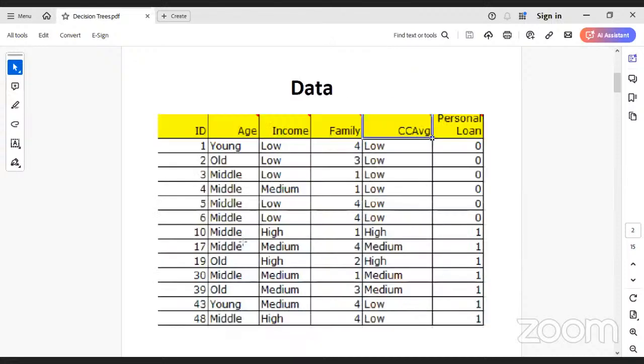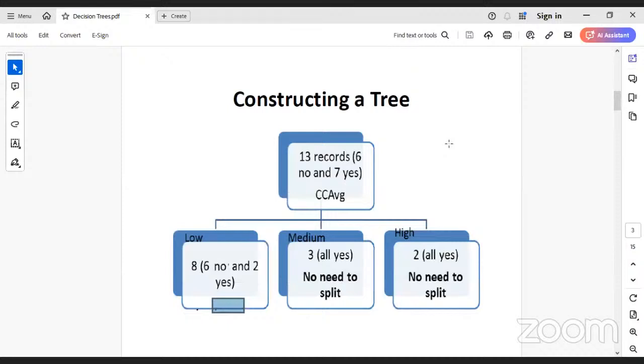Those 13 records, how they are classified as a total column, go and look into the dependent variable column, that is personal loan. Out of the 13 records, 6 records are of class 0, 7 records are of class 1. That is the reason we have put CC average has 13 records, 6 no, 7 yes.